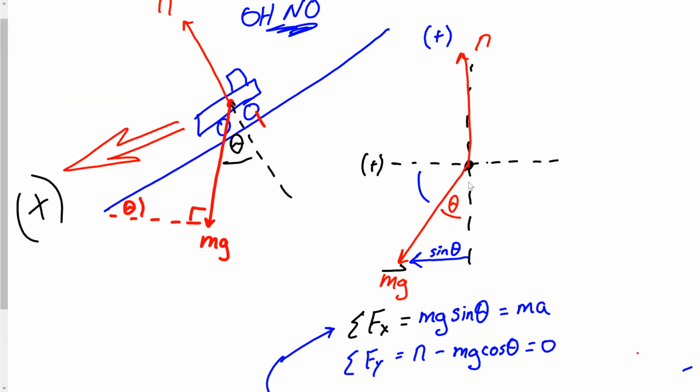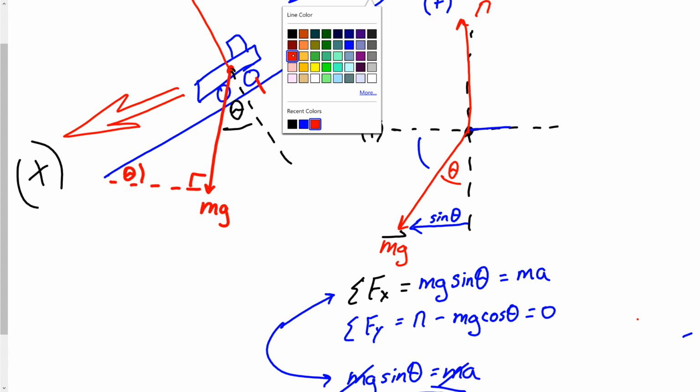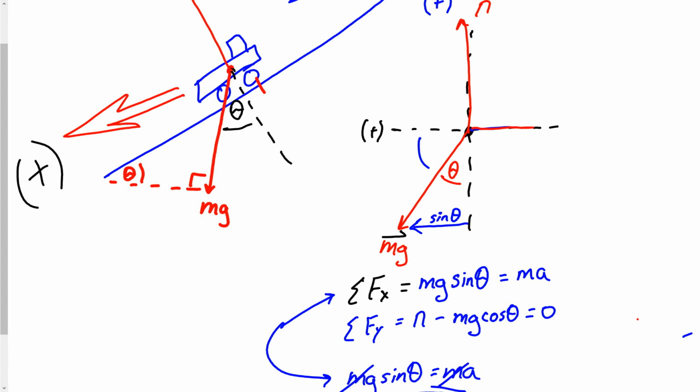And like I said, the only difference is, what if there was friction and it was still sliding? Well, you would have drawn a very short arrow to the right. If it was still sliding down the hill, you'd have a mu N backwards, and we would have mg sine of theta minus mu N, but we'd still set it equal to ma if it was sliding down this hillside.